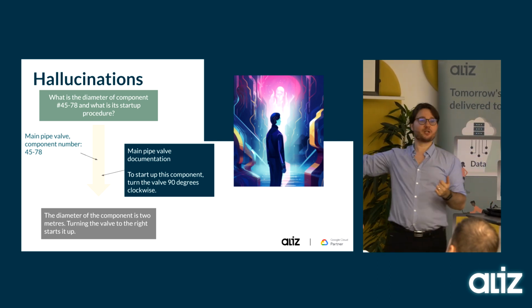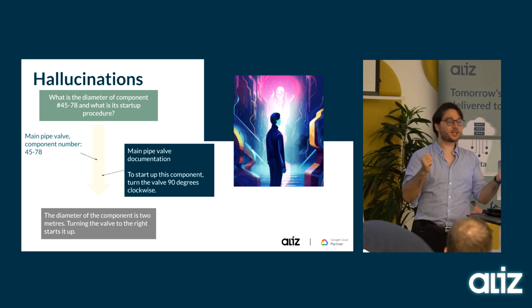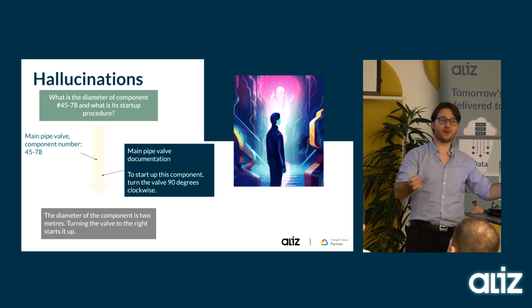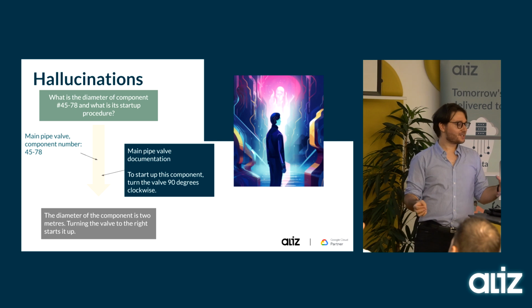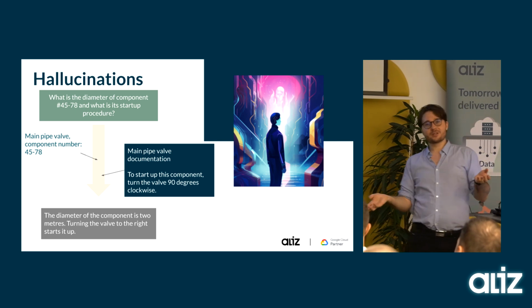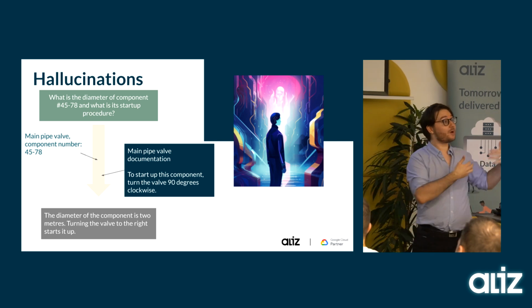And the answer of the large language model is not too bad. Turning it clockwise and turning it to the right, that's pretty much the same, though maybe not the best in a technical setting. But saying that the diameter of the component is 2 meters, well, that's completely false. Or maybe it's not, but we have no way of knowing.